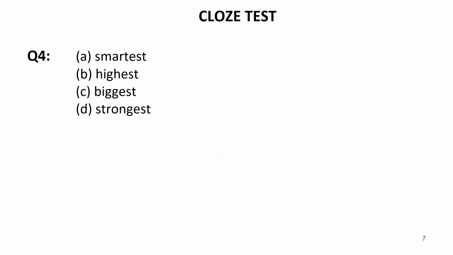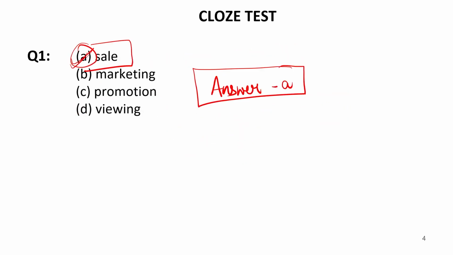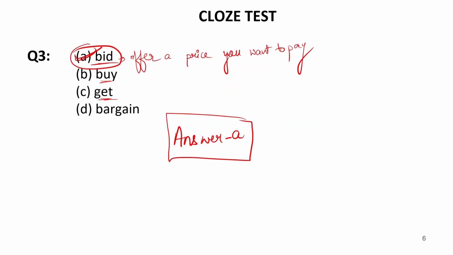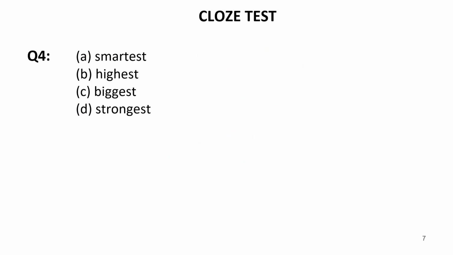So now let us come to the fourth option: smartest, highest, biggest, strongest. Now it is names the dash bidder. Now in this part, no one is looking for the smartest over there. No one is looking for the biggest person over there. In fact, the highest bidder. It means who has bid the highest price over there. Therefore, B is the correct answer. So our answer will be B.